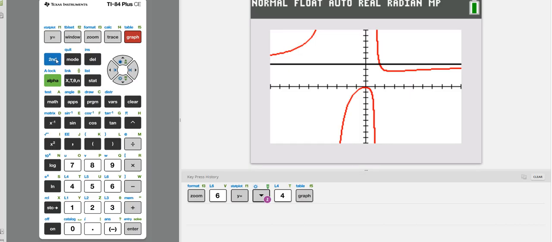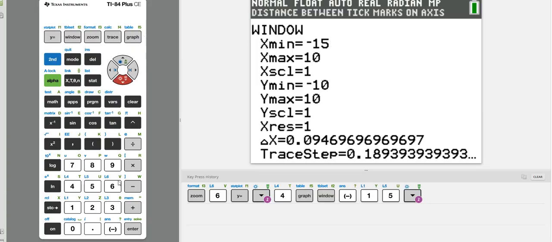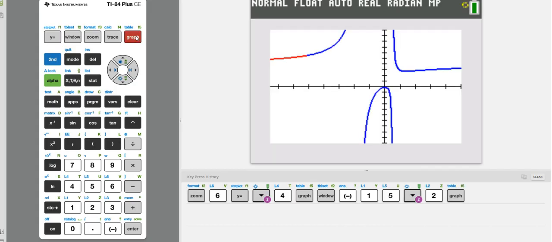All right, looking good on that graph. I'm not sure I'd change much if I was going to play around with the window. I guess the only thing I might do would be add a little bit more to the left, maybe negative 15, and then a scale of 2 or 3. But that's a good looking graph, even with the standard window.